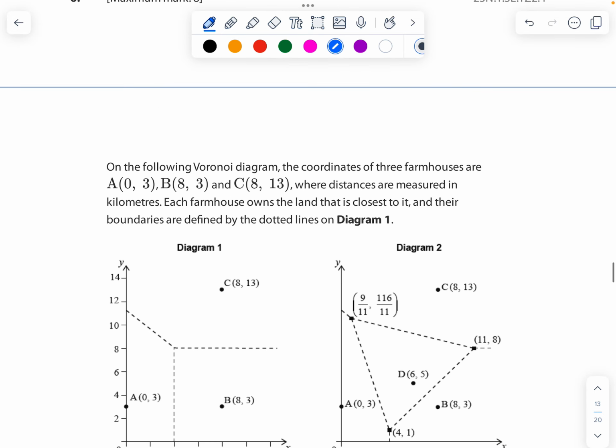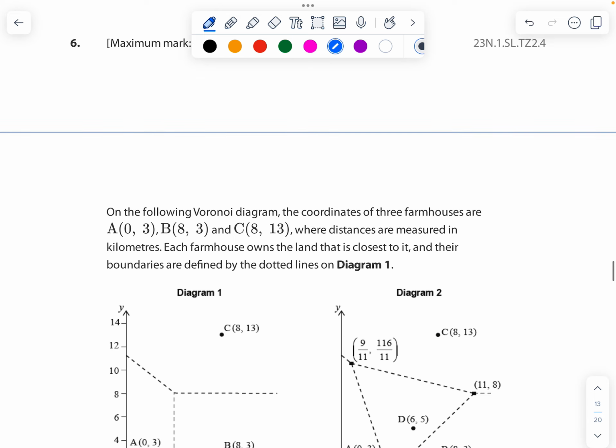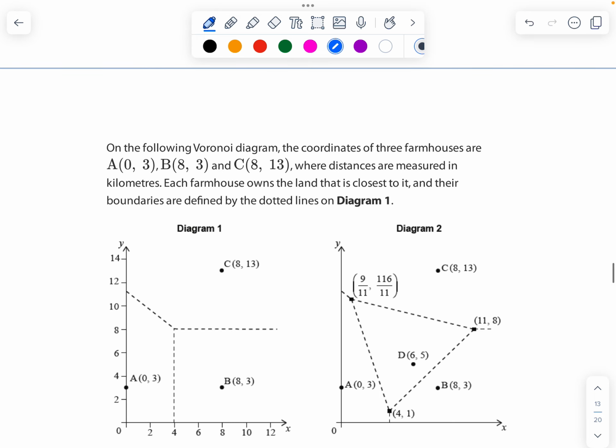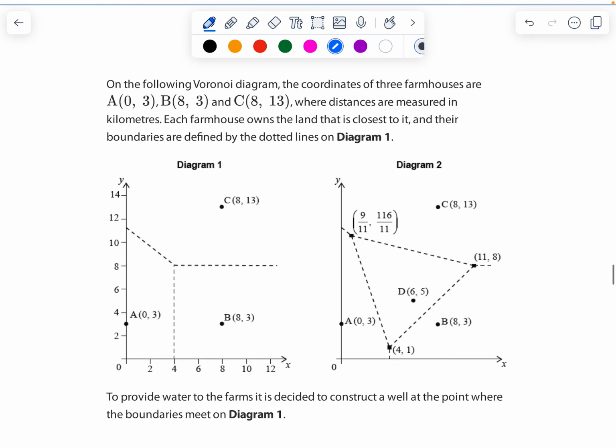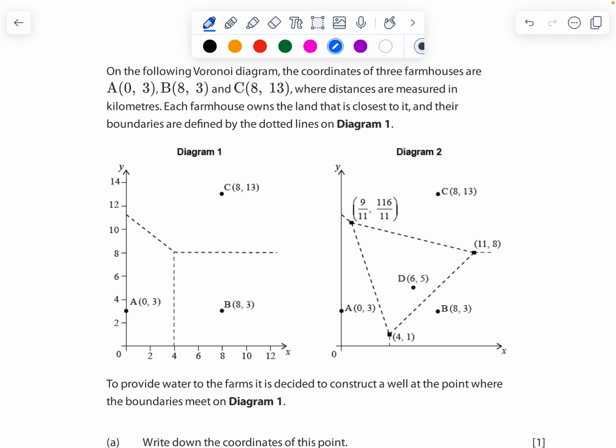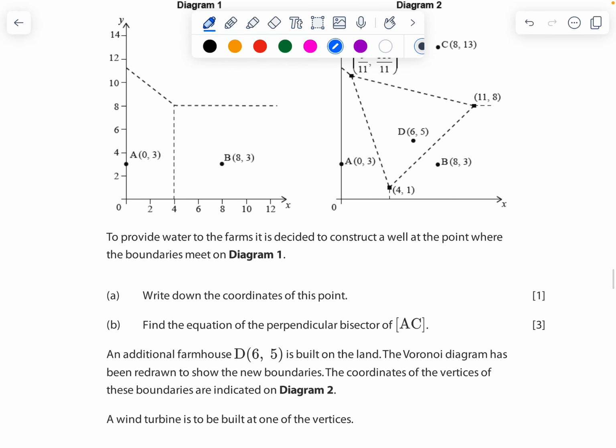Question number 6. On the following Voronoi diagram, the coordinates of 3 farmhouses are given, where the distances are measured in kilometers. Each farmhouse owns the land that is closest to it. Then write down the coordinates of the point where the boundaries meet.